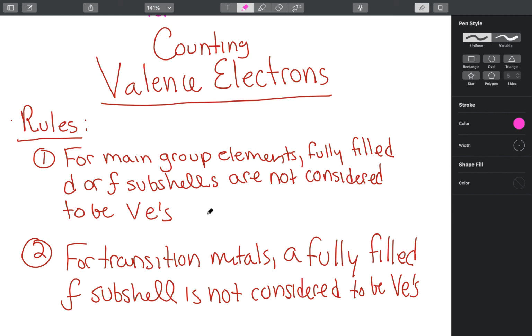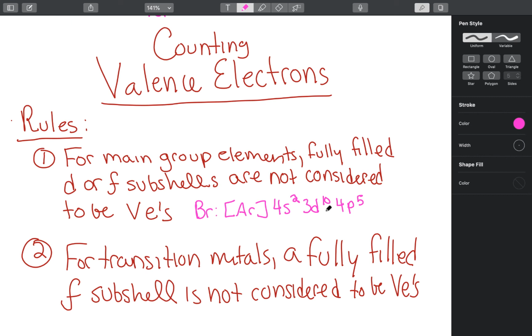So, for example, if you had bromine, bromine has an electron configuration of argon. So it has the noble gas core of argon, and then its outer shell electrons are 4s2, 3d10, and then 4p5.